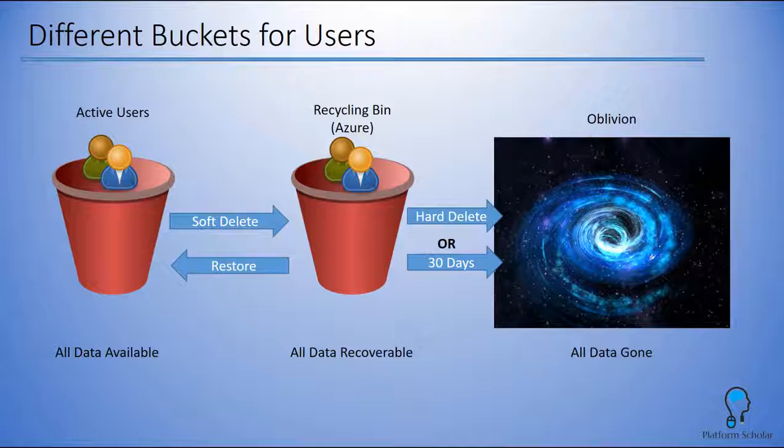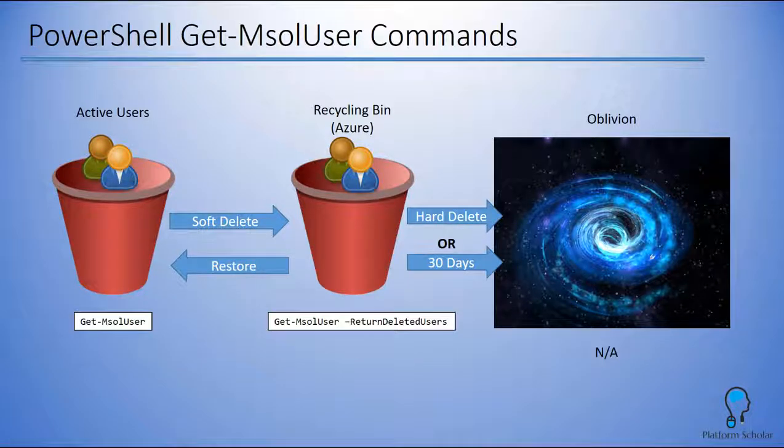Now, for our purposes, the active users bucket and the recycling bin are different locations. The users in these two locations do not show up on the same screens or in the same queries, and we will need to make sure that we understand which we are targeting when we try to perform certain actions on our users. For example, when we use the Get-MsolUser command by itself, it will only work on users who are in active users.